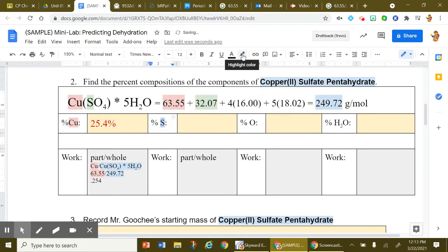So when you're trying to figure out what percentage of this is sulfur, it's going to be the mass of a single sulfur divided by the mass of the entire compound. So a single sulfur is, again, 32.07, divided by the mass of the whole thing.